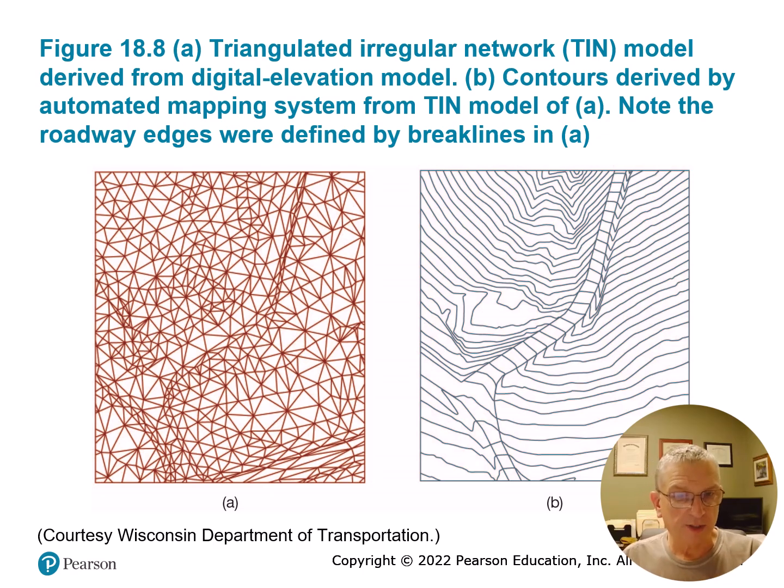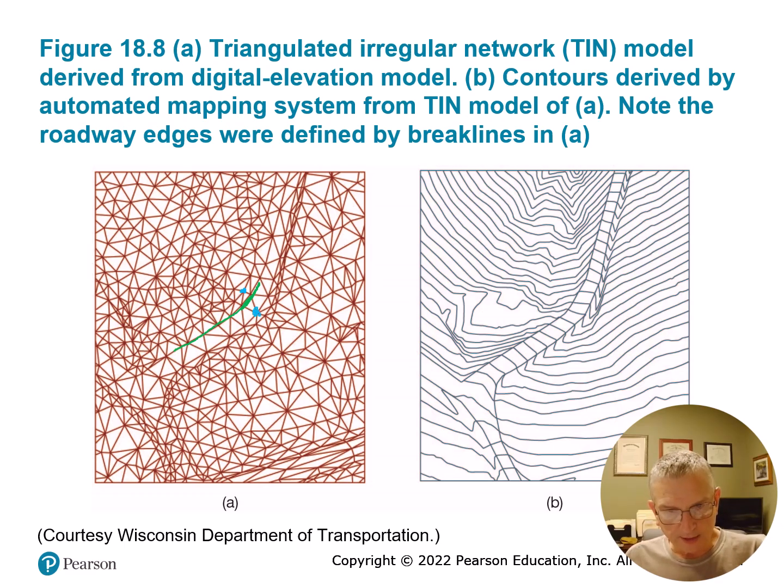And something else that I wanted to talk about while we've got this is, if you look at this TIN map, I'm drawing a green line along the edge of the road. Okay, now I'm going to indicate I've got a blue point right here on the upper side of the road, and I've got a blue point right here on the other side of the road.